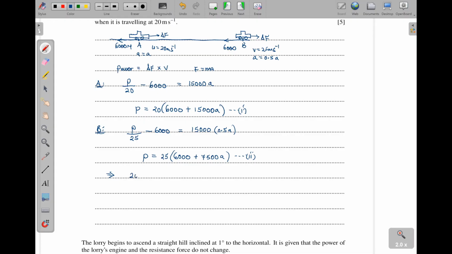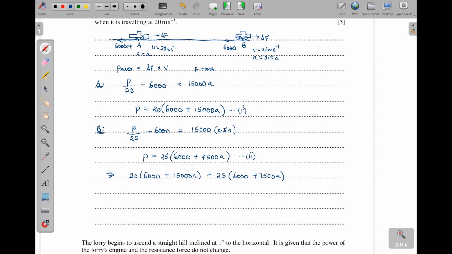So 20 times 6,000 plus 15,000 times A is equal to 25 into 6,000 plus 7,500 of A. And then we simplify.